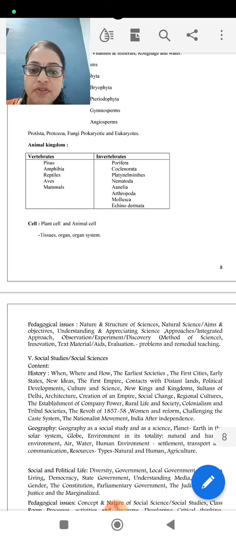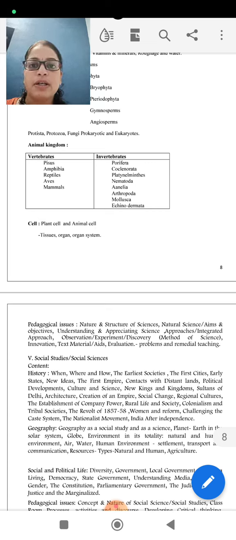Next is innovation, text material, aids, evaluation, problems, and remedial teaching. Actually in pedagogy we have to learn the methods: observation method, experimental, direct method, indirect method. We have to be very sure about these methods, and we have to learn the fathers of these methods.